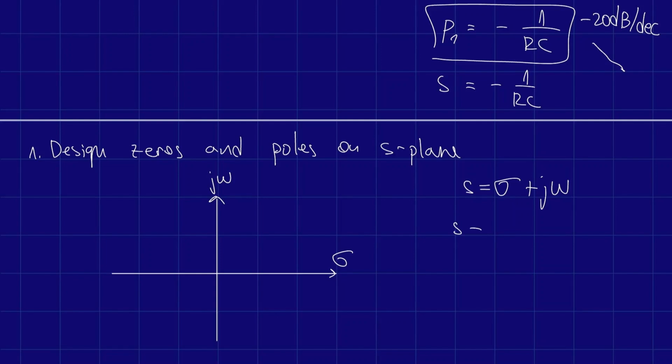Here we have first S equals 0, and this was our zero, and we'll just write it as a circle. And our pole was S equals -1 divided by RC, and this was our pole. You can see that this only has a real part, -1 divided by RC, but it doesn't have something like +5j or something like that.